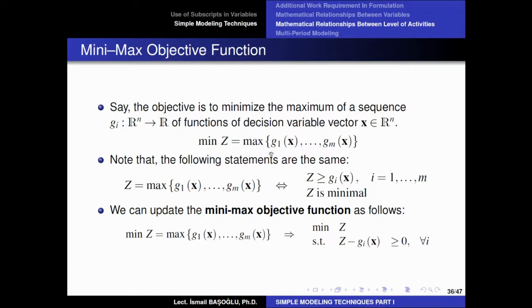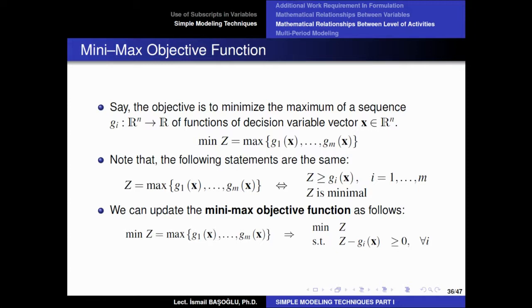Our objective is to minimize the maximum of these activities. So g1 of the decision variables is an activity level, g2 of the same decision variables is another activity level. And our objective is to put a boundary on the maximum of these activity levels. We are basically trying to minimize the maximum of these.